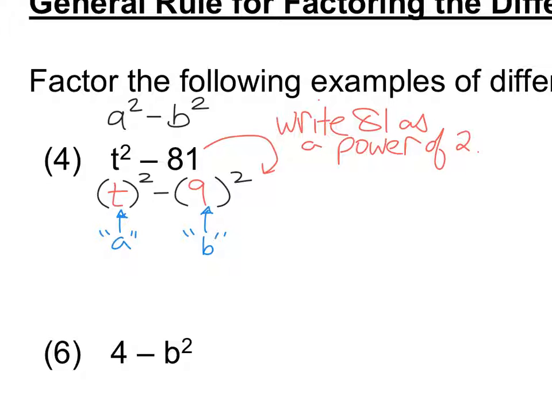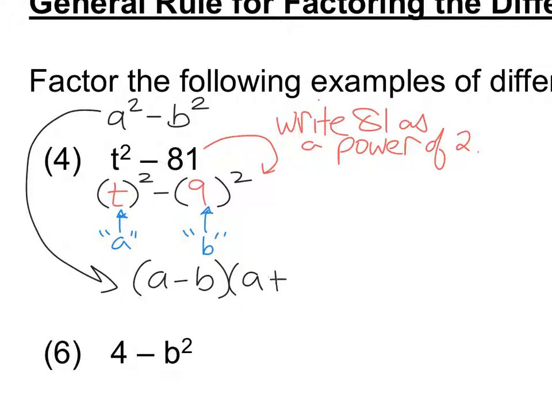All right. So if we know that a squared minus b squared expands out to a minus b, a plus b, the a value is t, the b value would be 9 with a minus and plus.